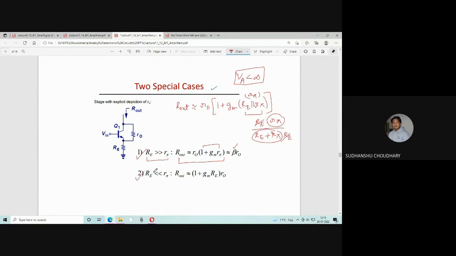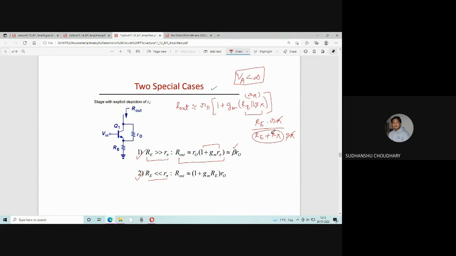Now the second thing is when Re is much less than R pi. Again you can do the same analysis here. When Re is much less than R pi, that is, R pi is much larger, so Re parallel to R pi becomes Re.